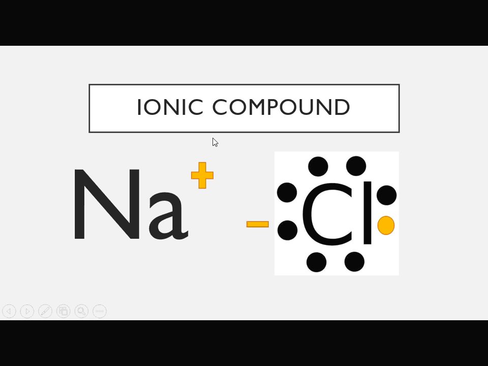Sodium's a plus charge, chlorine is a minus charge. What is the net charge when I combine those two? Plus 1 minus 1 equals 0. So whenever we have an ionic compound, we have to have a net charge of 0. So what I have formed there is sodium chloride.